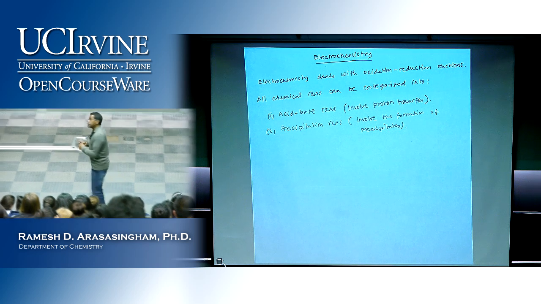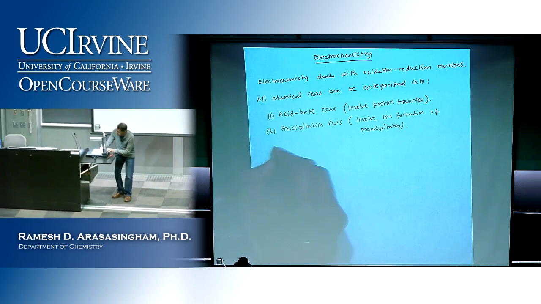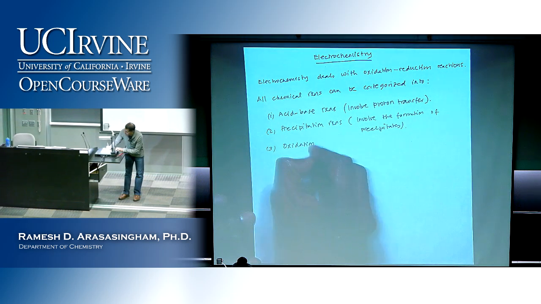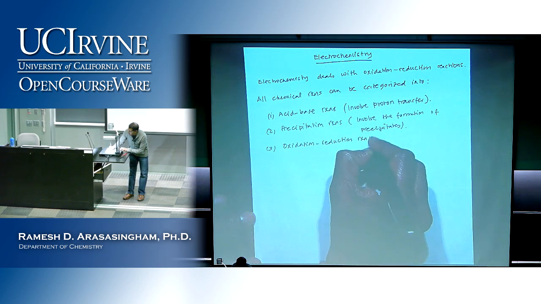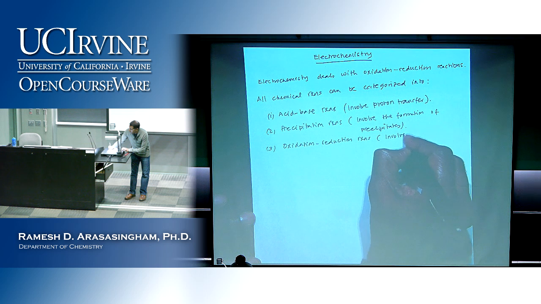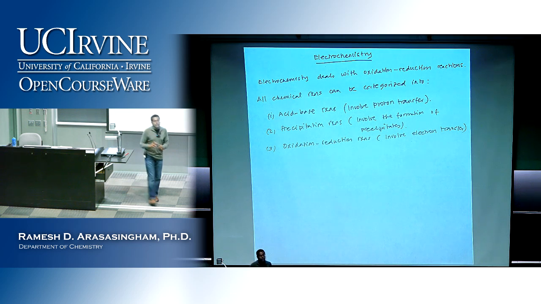Okay? The third class of reactions are the oxidation-reduction reactions, and that's what we're going to look at today. So the third class of reactions are called oxidation-reduction reactions, and these involve electron transfer. All right?